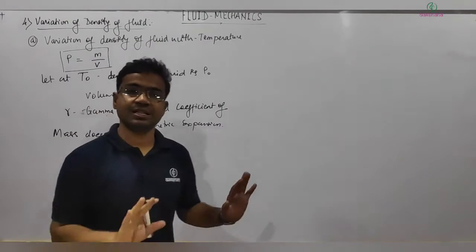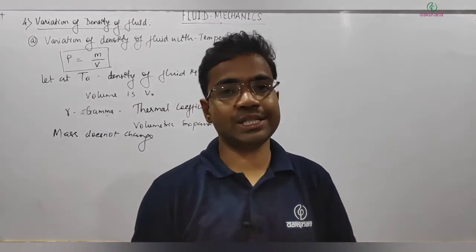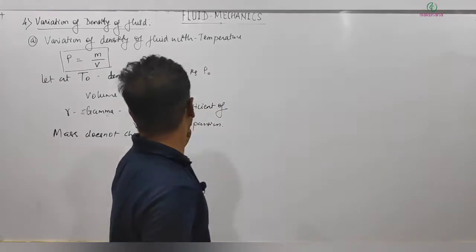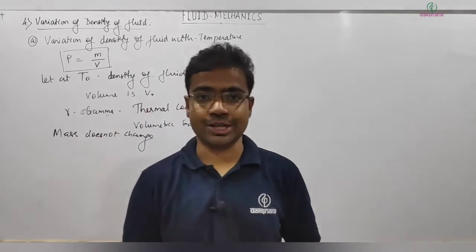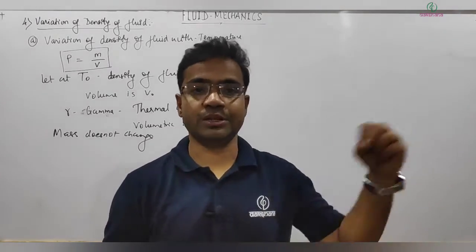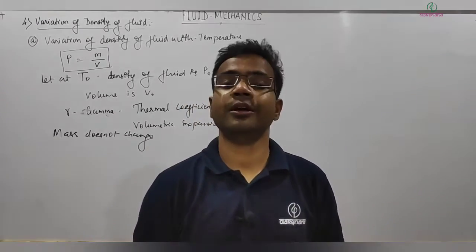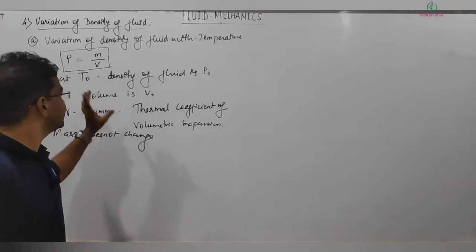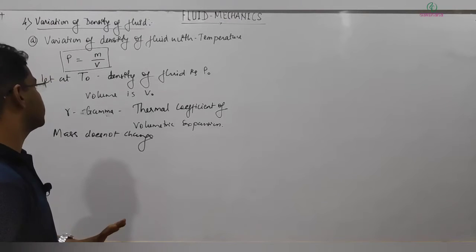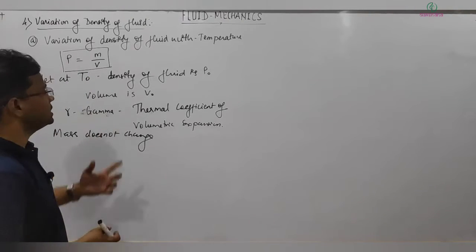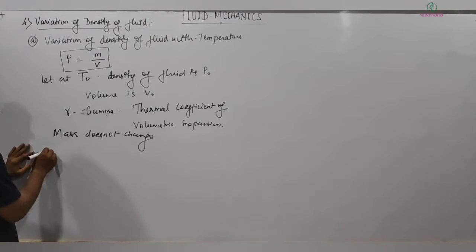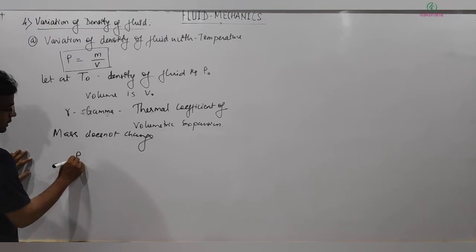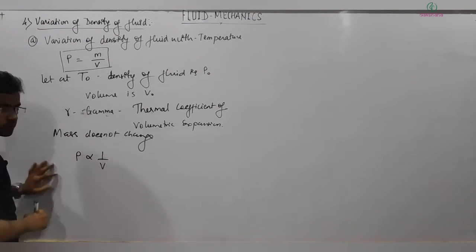Whether you change pressure, temperature, or anything else, in any case, the mass of the substance remains constant unless you are directly removing some substance from it. Otherwise mass will remain simply constant. Volume will change by changing temperature. So a straightforward thing is there: density is inversely proportional to volume.